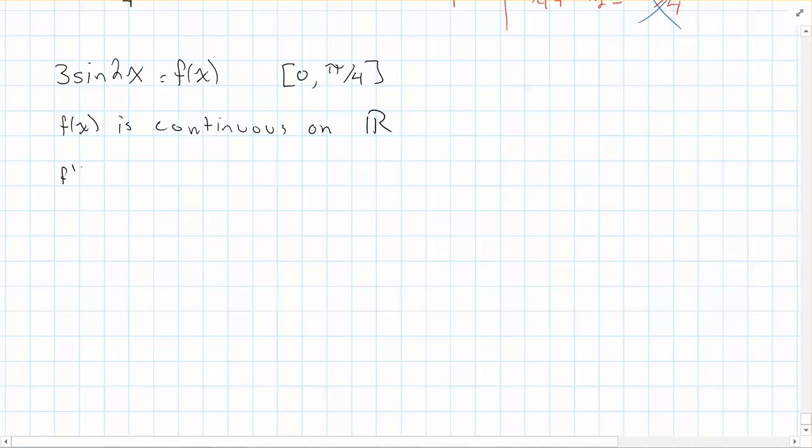And then we have to check to see if it's differentiable, but again, the easiest way to do that is just take the derivative, which would be 6 cosine of 2x.